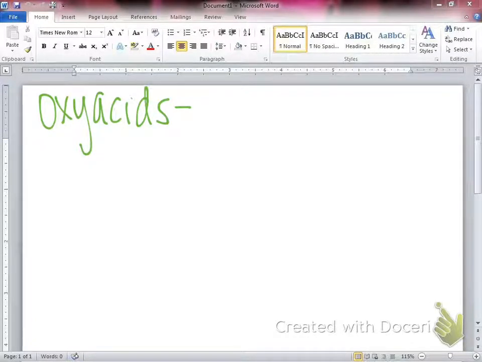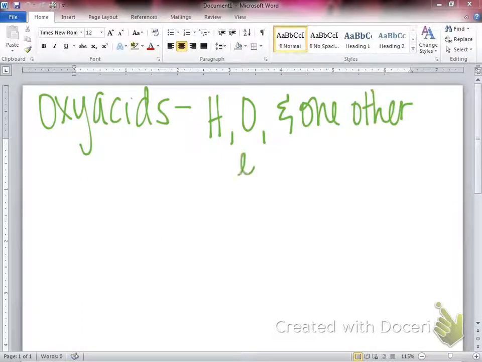Oxy acids contain hydrogen, oxygen, and usually one other element.